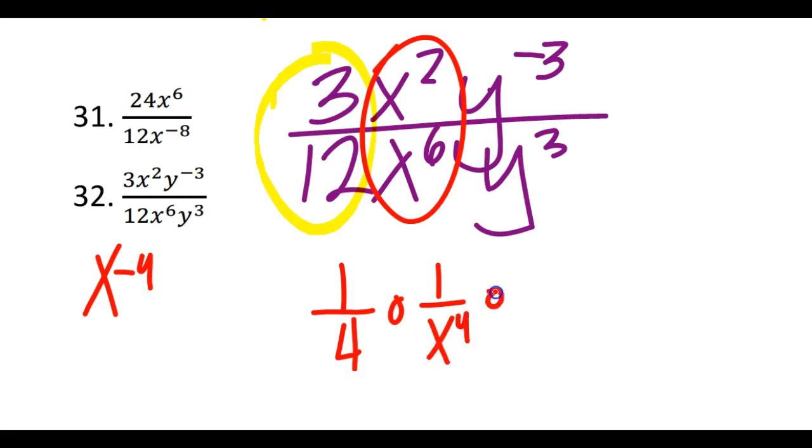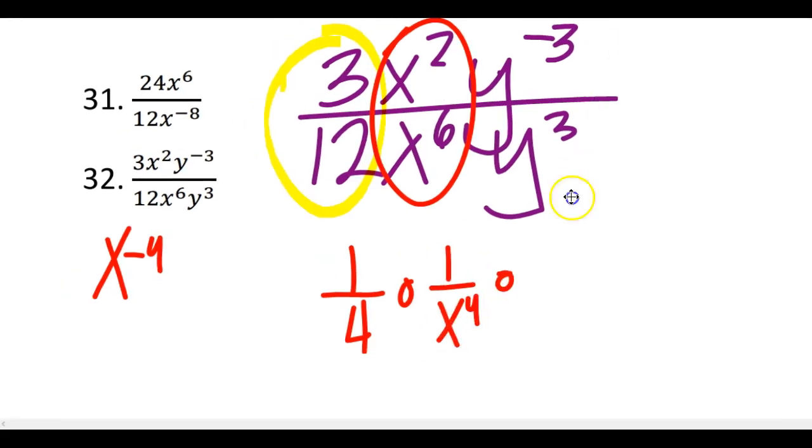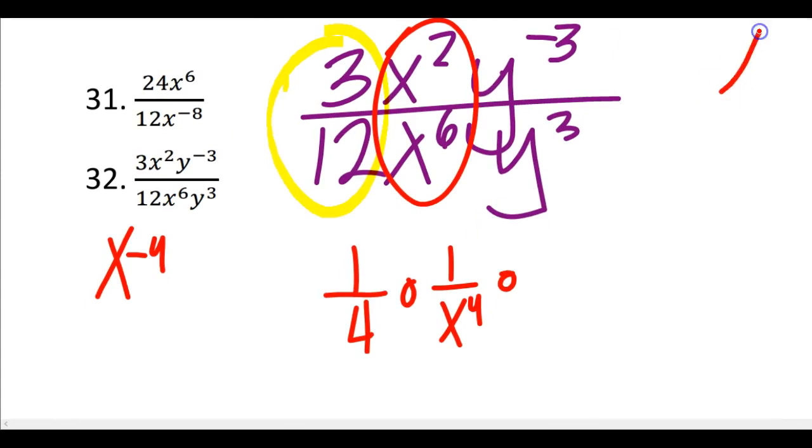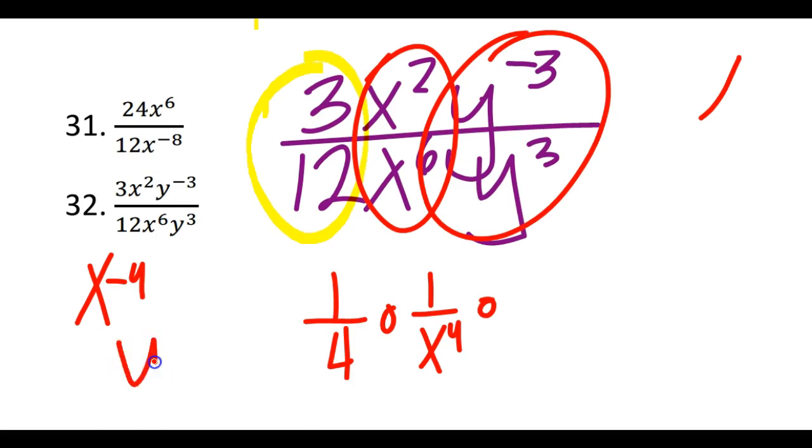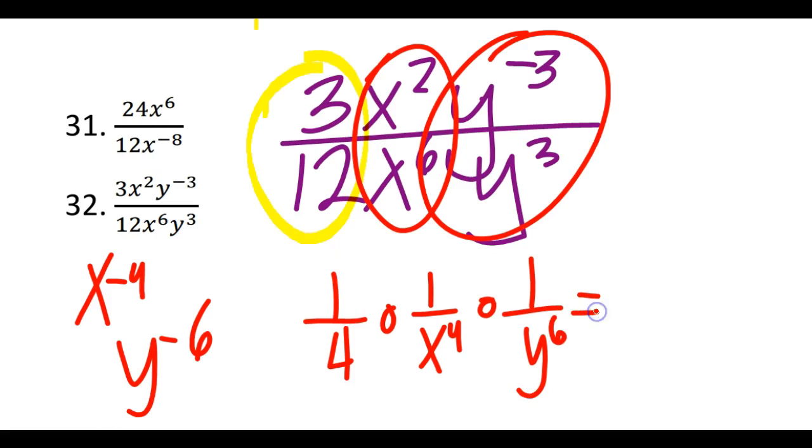Okay. And then y to the negative 3rd divided by y to the 3rd, so y to the negative 6th. So y to the negative 6 would be 1 over y to the 6th power. Okay. Simplify straight across.